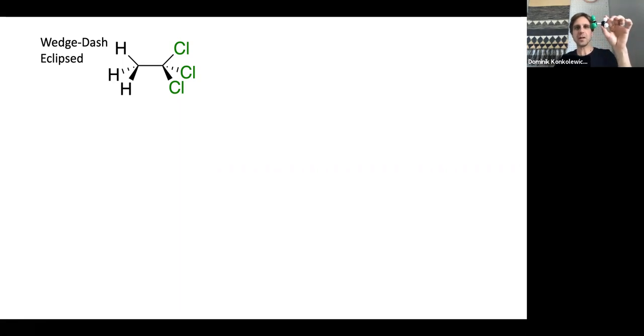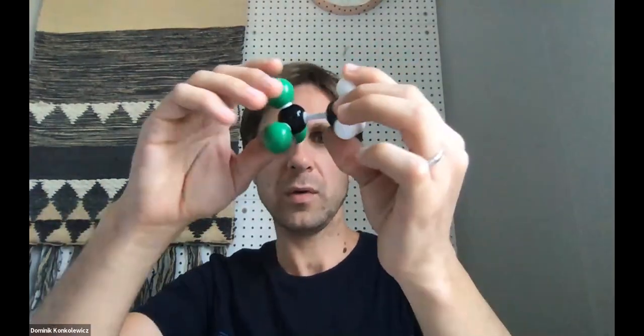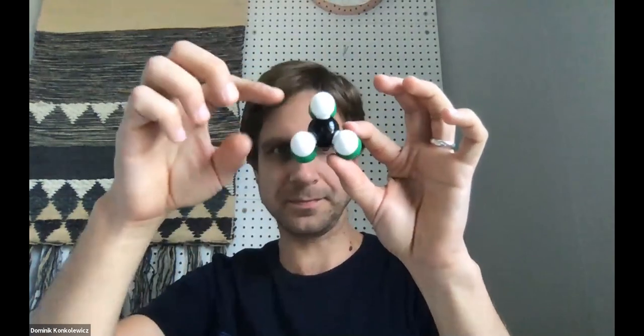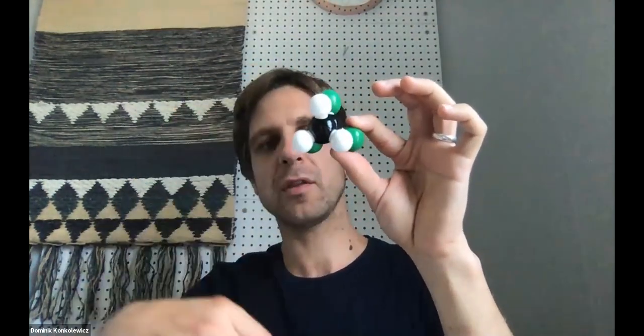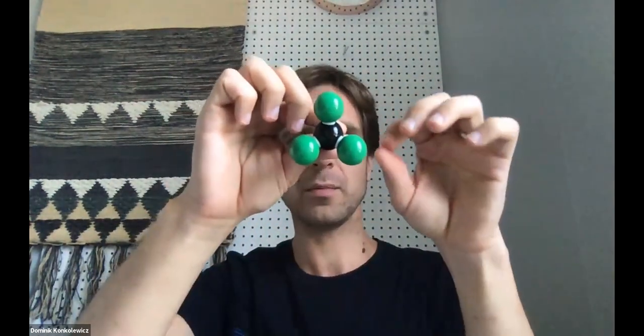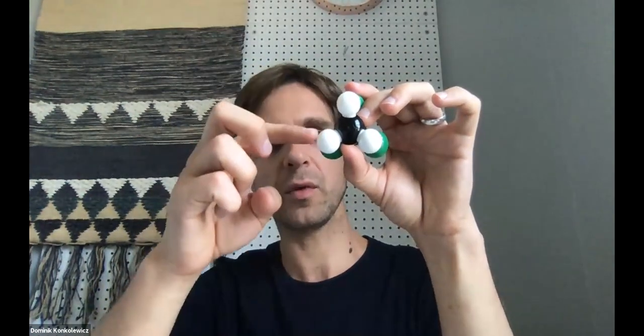Okay, now we can rotate that molecule 90 degrees and look down the carbon-carbon bond. We can look down that carbon-carbon bond with the hydrogens at the front, or with the hydrogens at the back. But regardless, we're going to see the three hydrogens lined up with the three chlorines on the back carbon in this case.